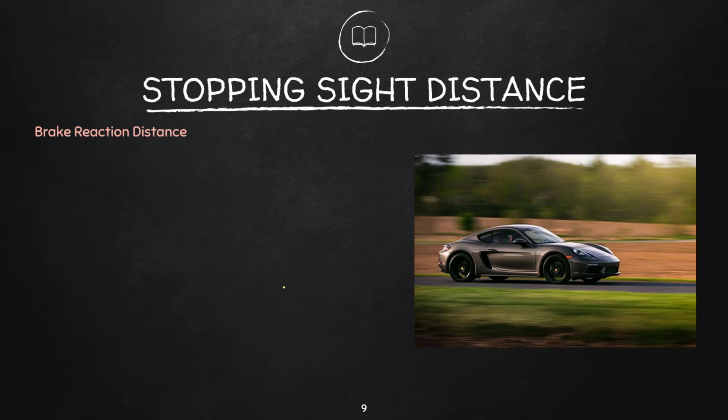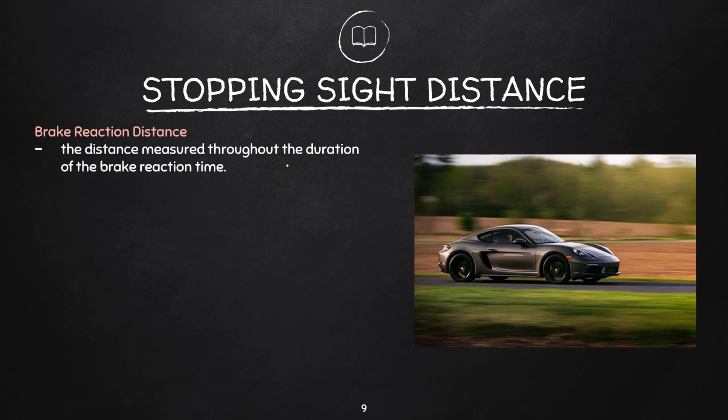So the brake reaction distance is the distance measured throughout the duration of the brake reaction time. The corresponding distance that is covered by the vehicle from the time of perception up to the actual stepping on the brake or the actual functioning of the brakes is the brake reaction distance.